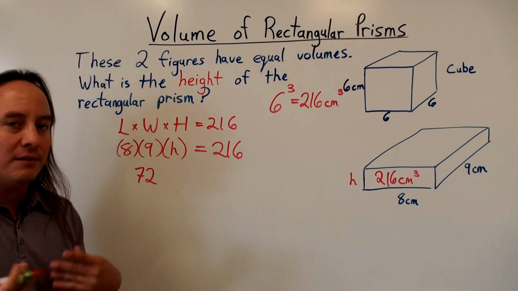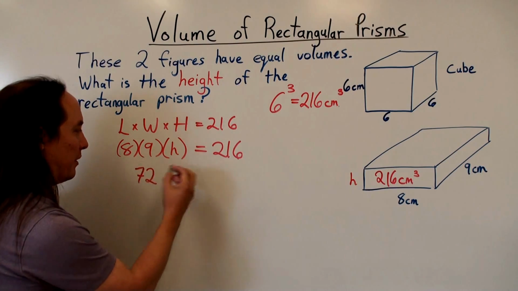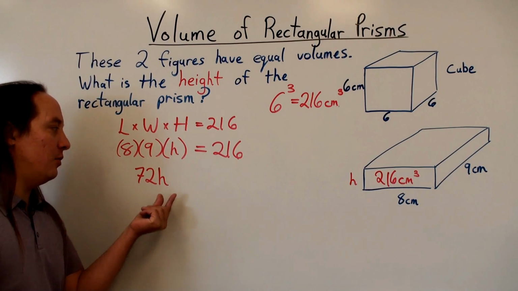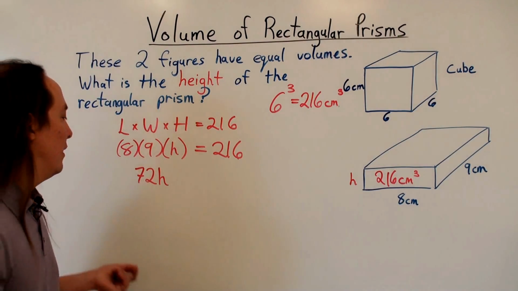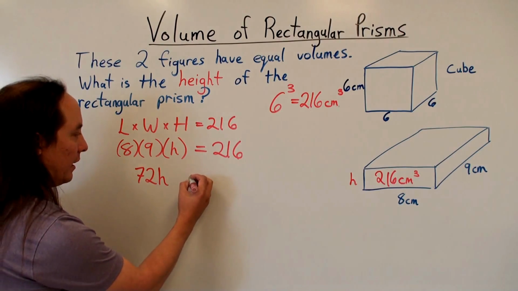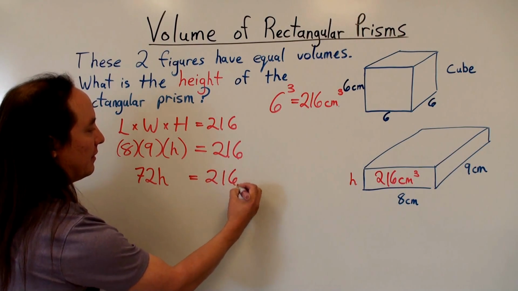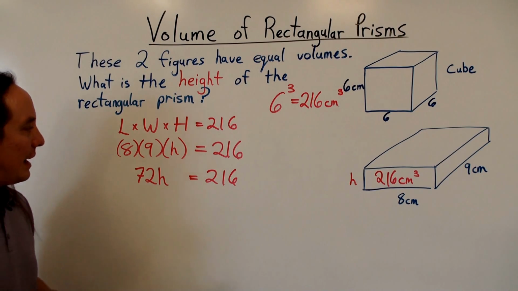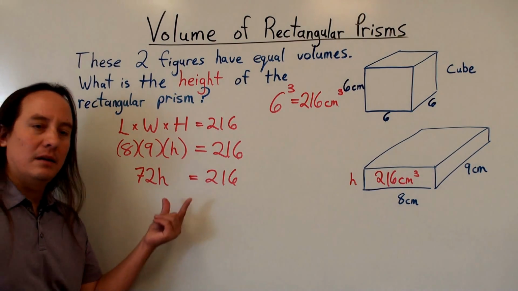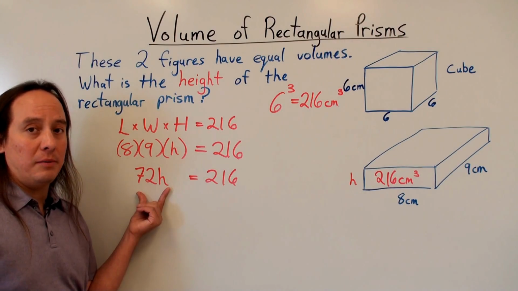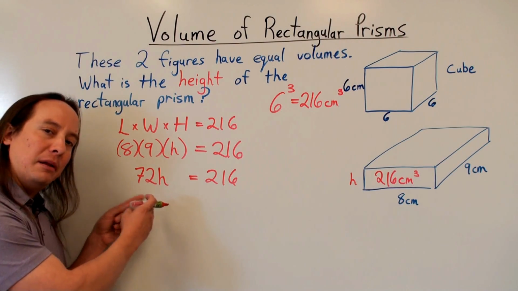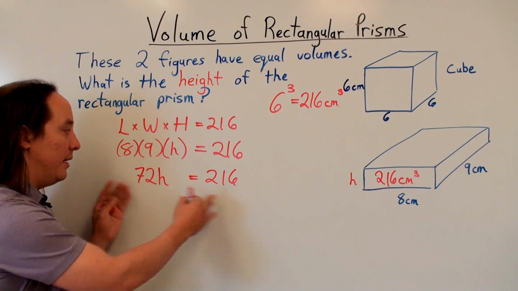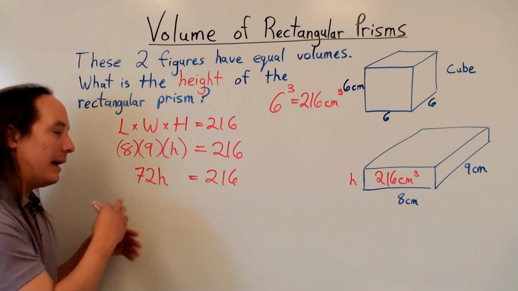And remember, the goal here is to get h all by itself. Now I'm going to get rid of the parentheses because there's no confusion with 72h. We know that 72 and h are different numbers. And so that's going to equal 216. And now the last step would be dividing the 72 away from the h, because right here they're multiplied together, and to separate them so I can get the number to group over here with the other number and leave the h by itself, I got to divide.